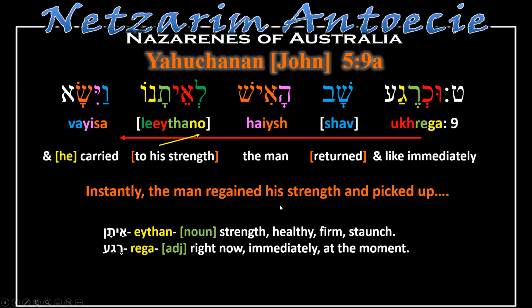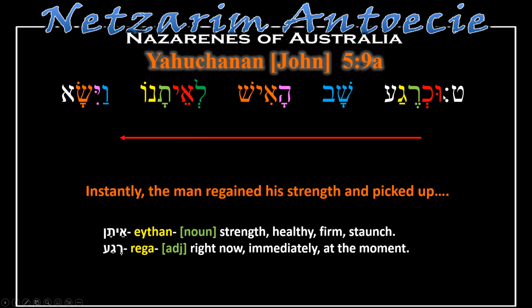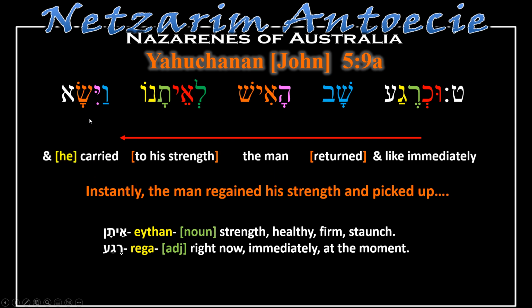Instantly the man regained his strength and picked up. And so now we can read it without any aids. Ukrega, shav, ha-ish, le-eitano, va-yi-sa. And like immediately returned the man to his strength, and he carried.